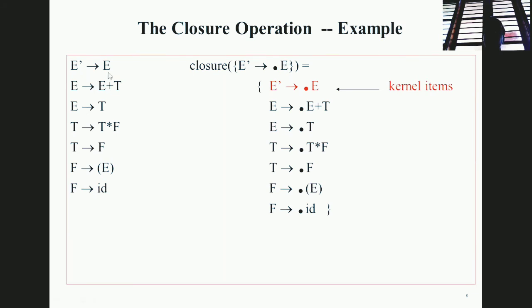Then I'm supposed to add all the productions of E by putting a dot at the beginning.